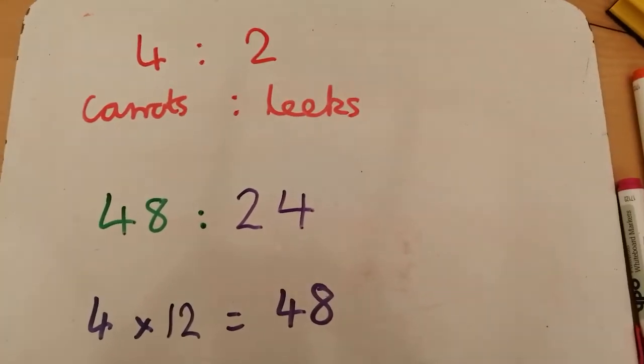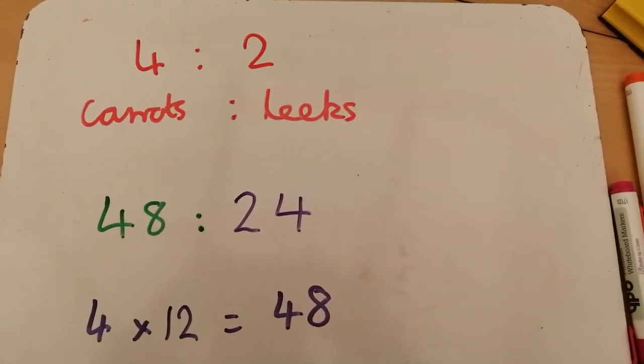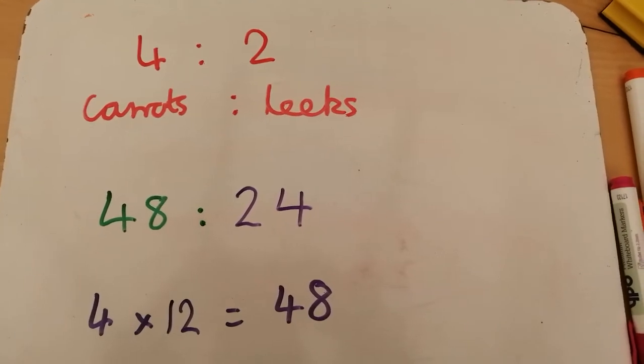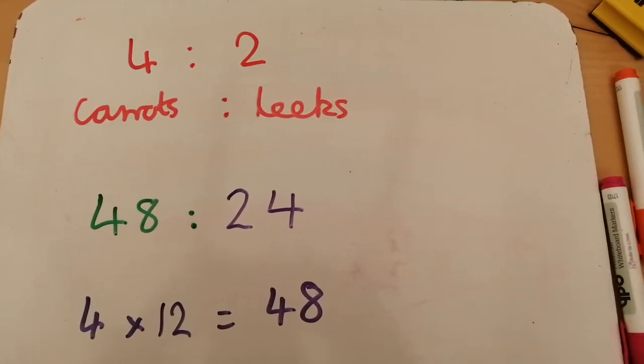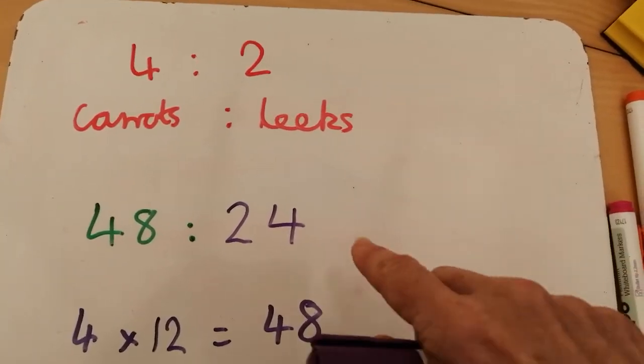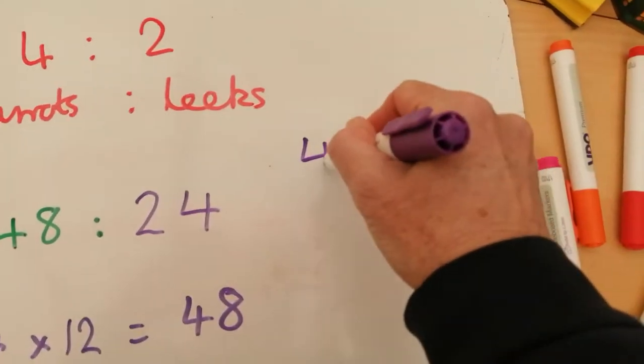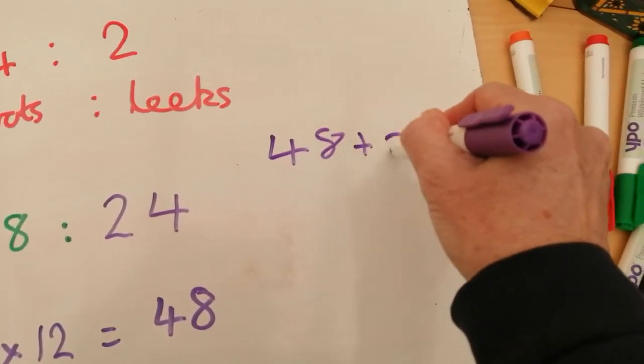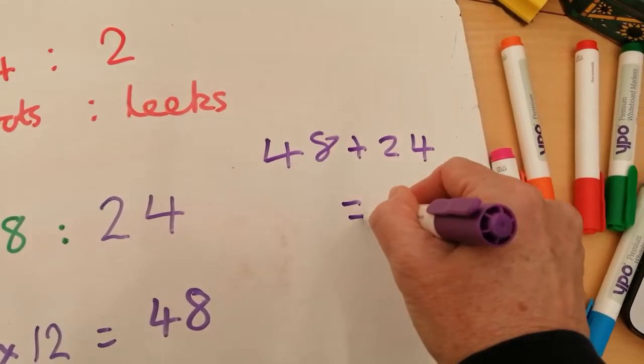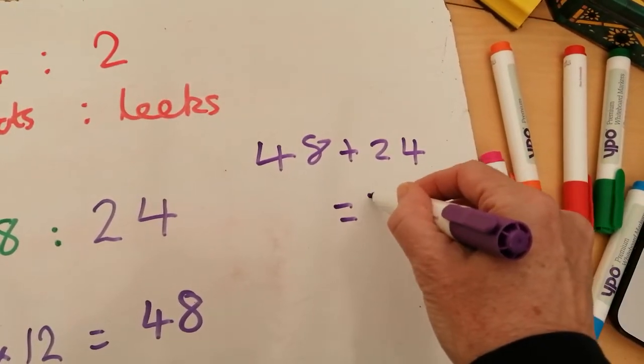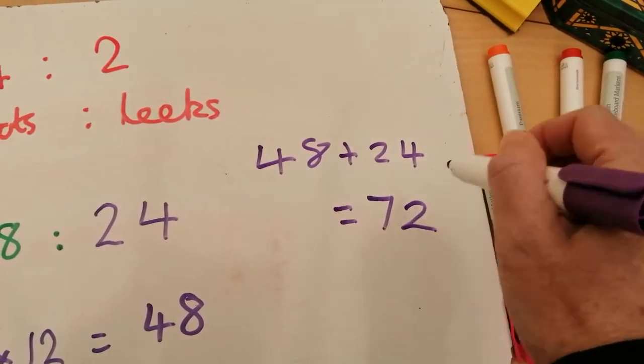And that will give us our answer. So then in order to work out the total number of vegetables altogether, you need to add 48 plus 24, which will give us 72.